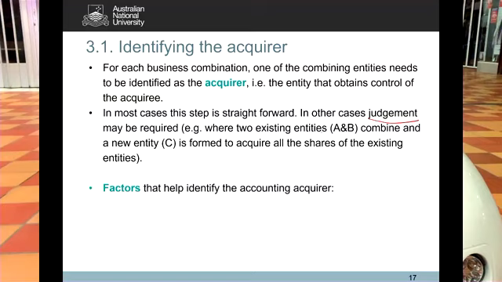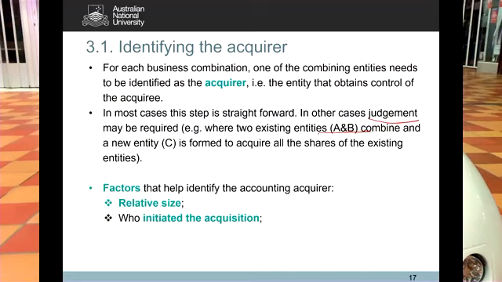Like in this case, if you have A and B combined and C is newly generated, it might be difficult to make a judgment on who will be the acquirer. Of course, there are some factors that will help you to identify them. For example, A and B, who is the bigger one? Normally, the bigger one might be the one to initiate the control. Then A might be the controlling party.